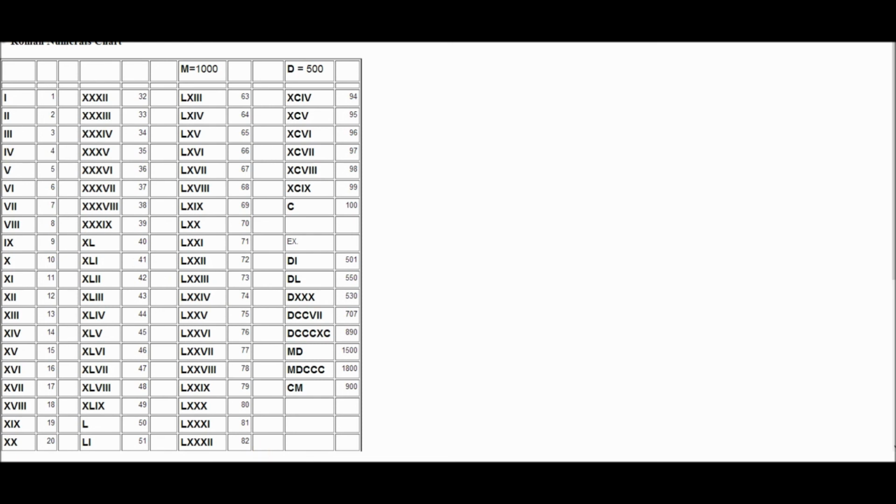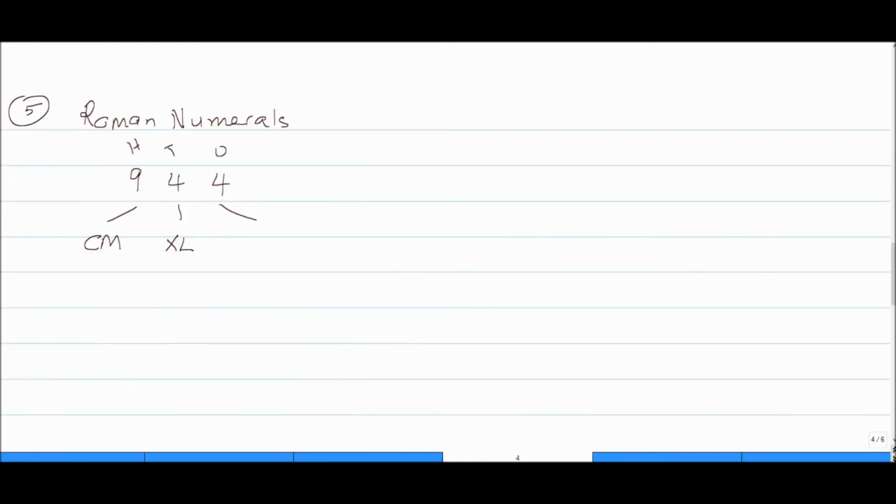So let's put that in. IV. Okay. So if we were to put all of these together properly, it should look like CMXLIV. And that number is represented by the letter D. So for number 5, our answer is D.